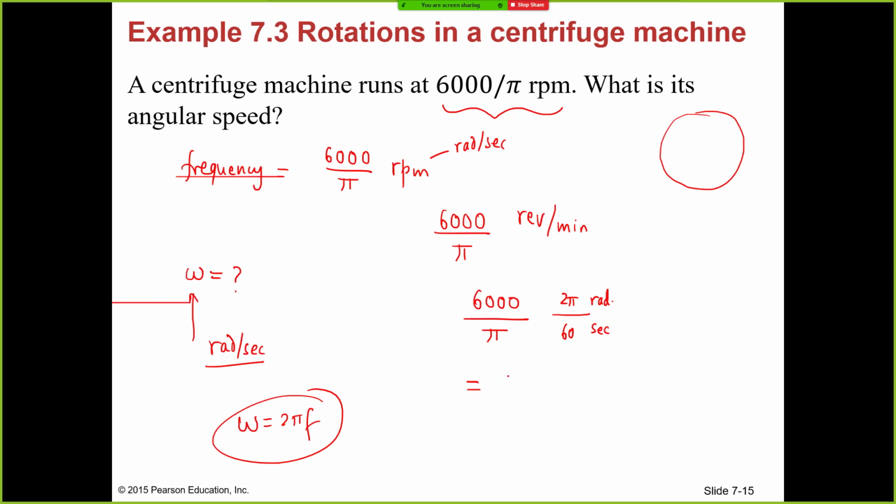So now you need to do the math. 6,000 divided by 60 would be 100. Pi and pi cancel. So that's 200 radian per second.